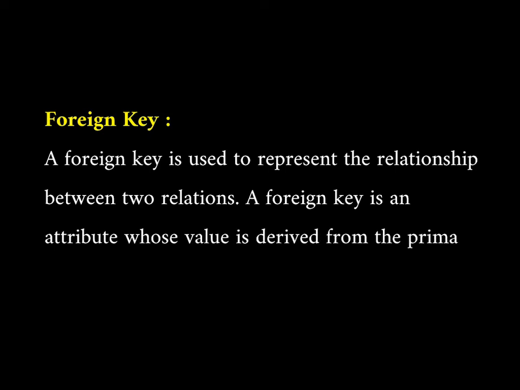This means that any attribute of a relation which is used to refer to contents from another relation becomes a foreign key. If it refers to the primary key of the reference relation, the referencing relation is called a foreign relationship.